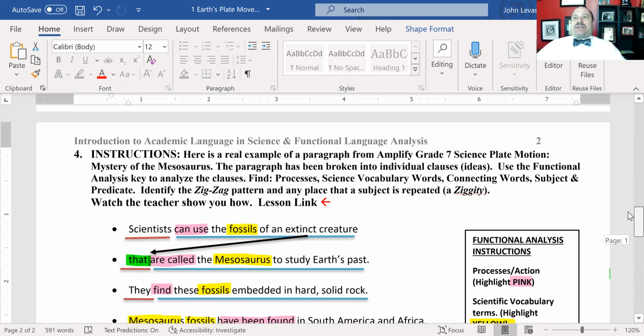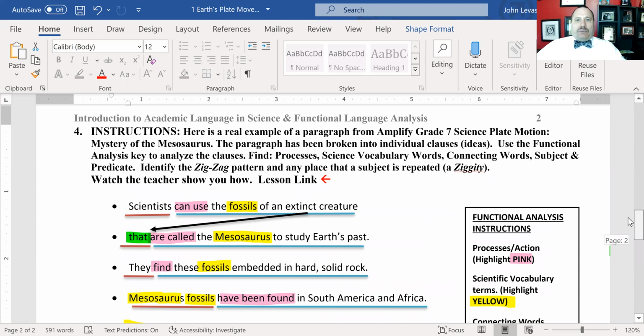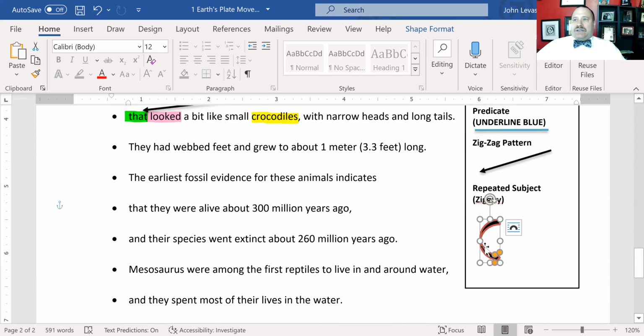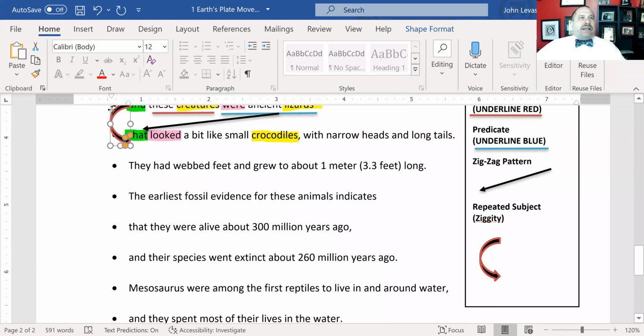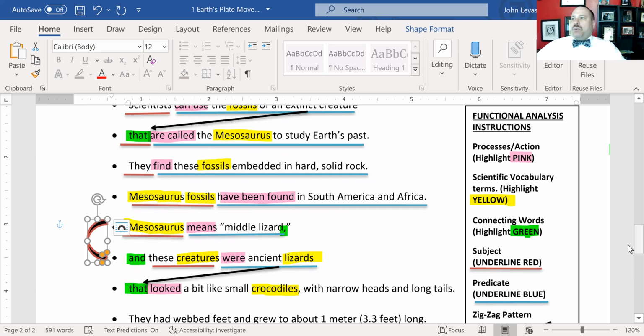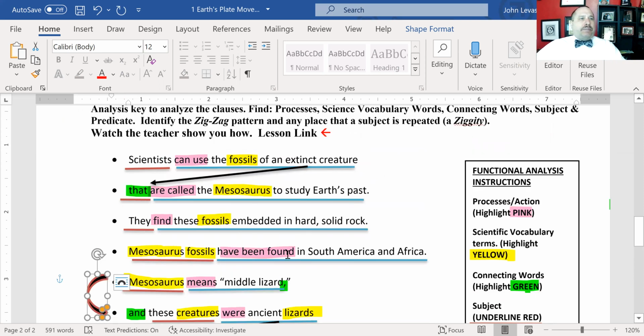So we've discussed the zigzag pattern before, but one thing we haven't talked about yet is the ziggity. The ziggity. And that's when the subject is repeated. Instead of taking the end or the predicate and making it a new subject, they take a subject and they use it more than once. Let me back up to the top.